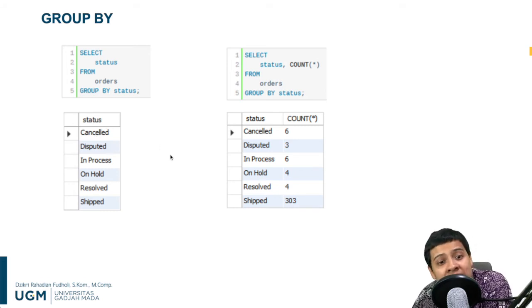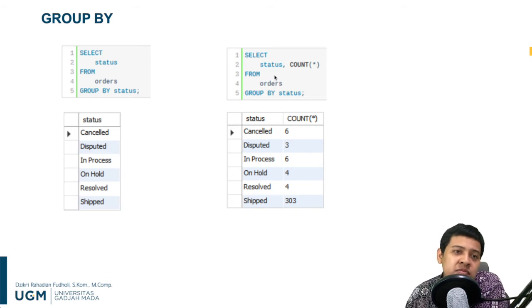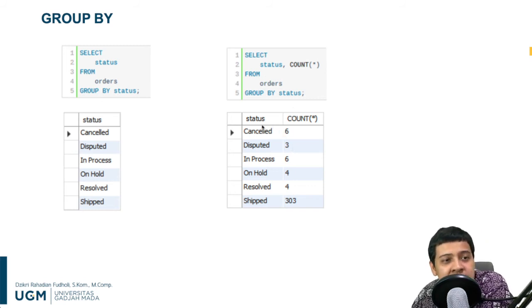However, the GROUP BY clause is usually used together with an aggregate function. For example, here we are using COUNT. So each count is for each group. Here we see that the one that has the cancelled status is 6. The disputed count is 3.